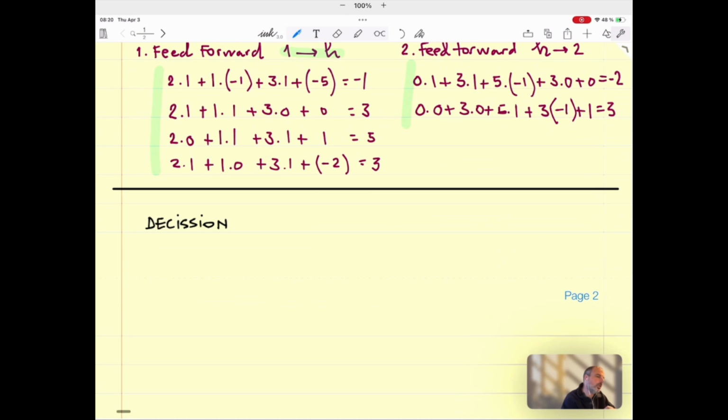Decision, I don't know if it's with one S or with two. Let me check. I don't want to write it wrong. I guess it's with one S. Decision layer.